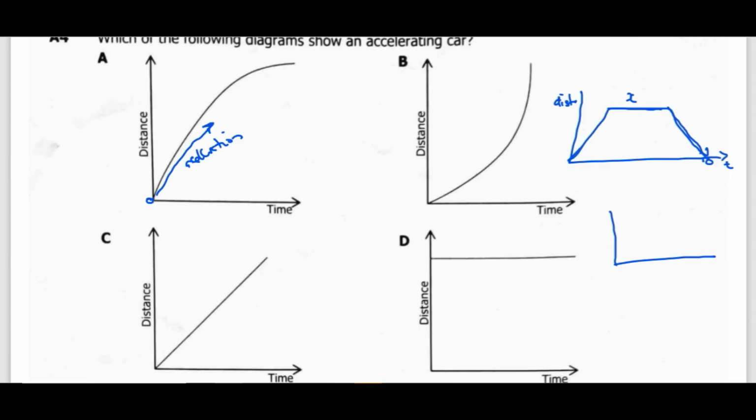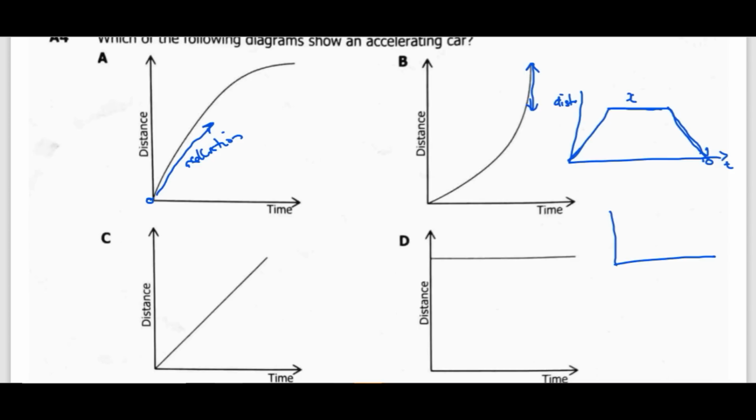And then the other one, we are saying that it will start to increase in distance, but it will also undergo retardation, because there is that constant in time when we look at here.